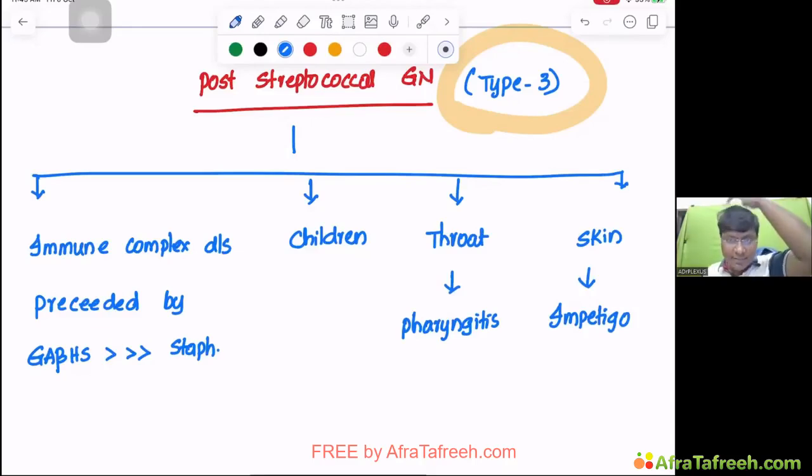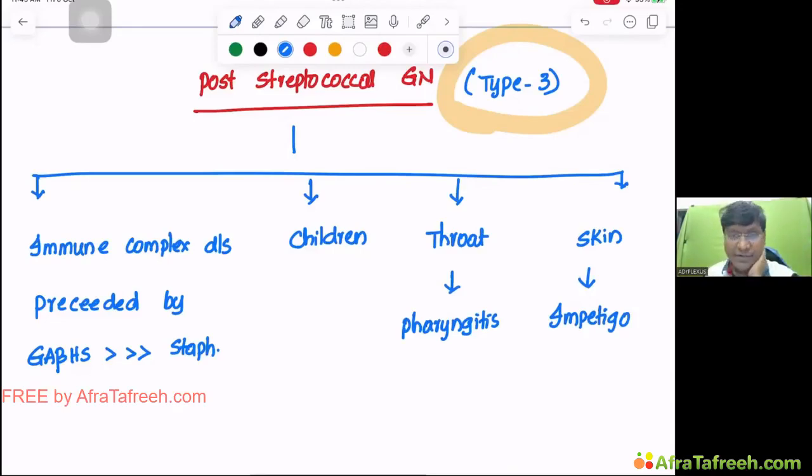So whenever the individual gets infected, either throat infection or the skin infection, immediately there will be activation of the complement pathway. And that complement pathway which is activated will initiate the glomerular injury.